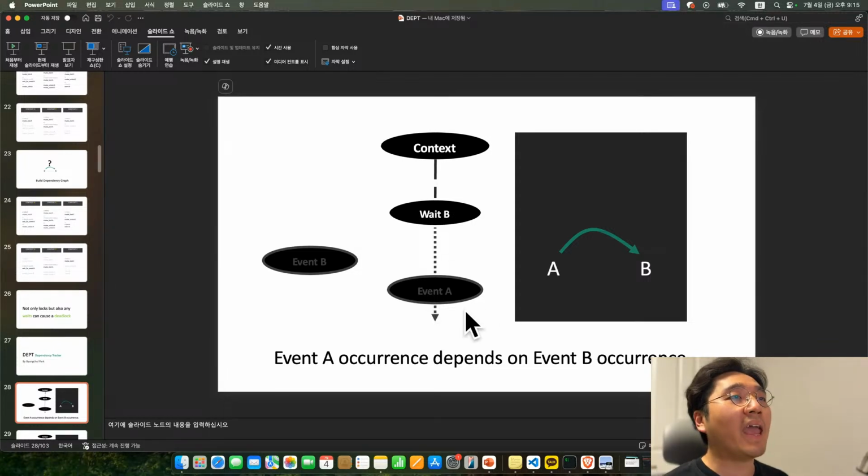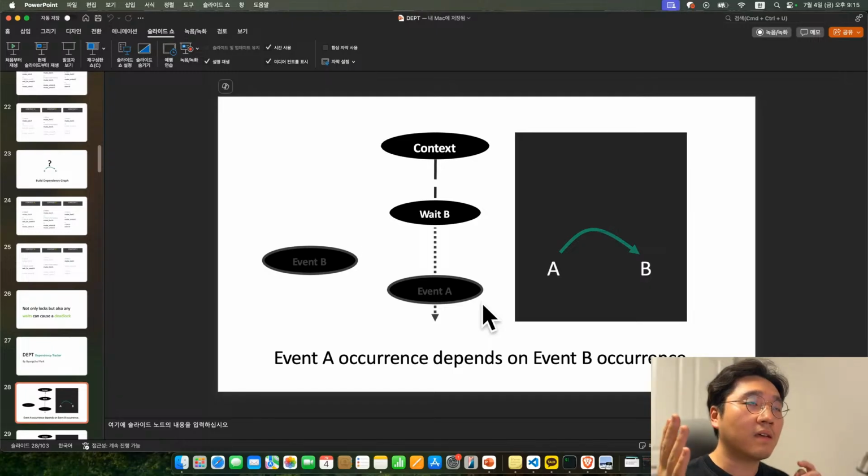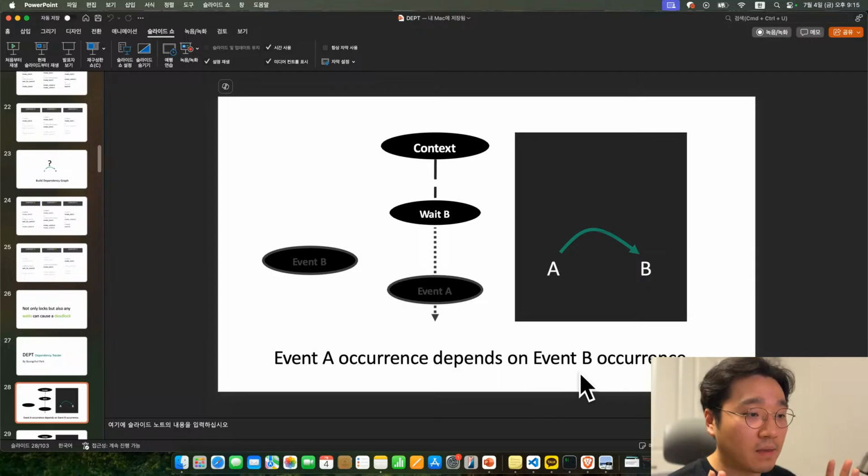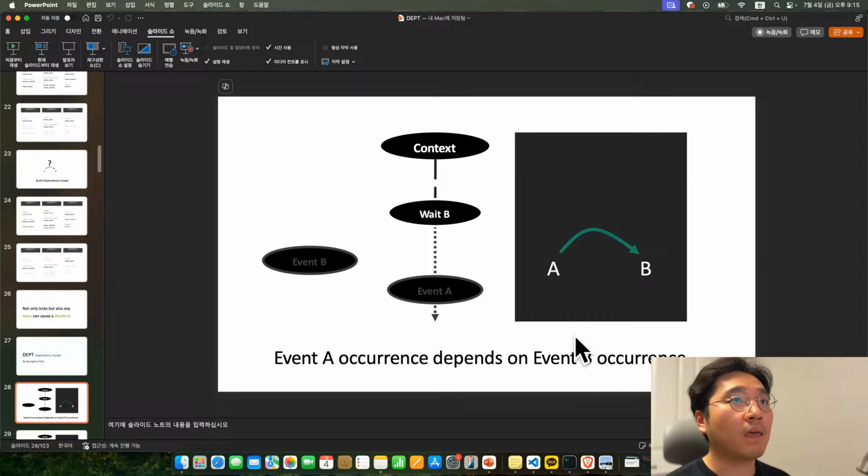And event A occurs after event B occurs. So event A's occurrence depends on event B's occurrence. So we redefined the concept.